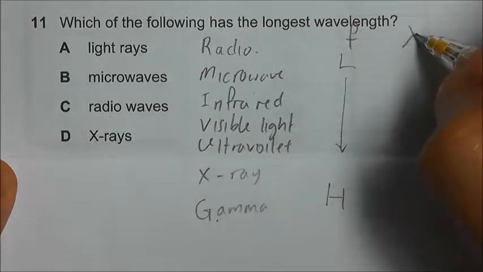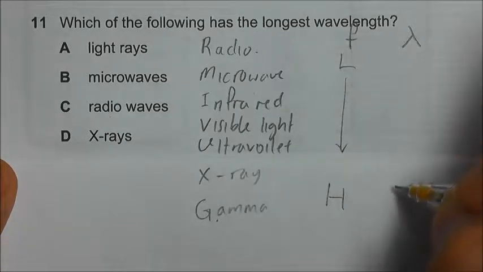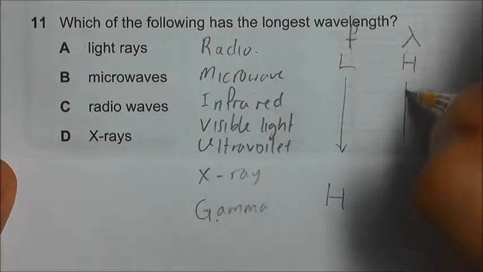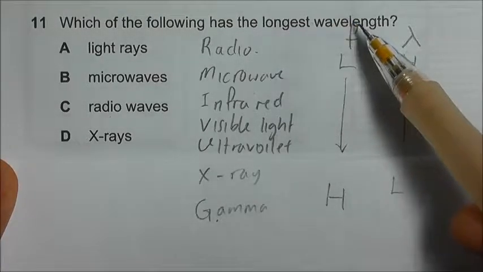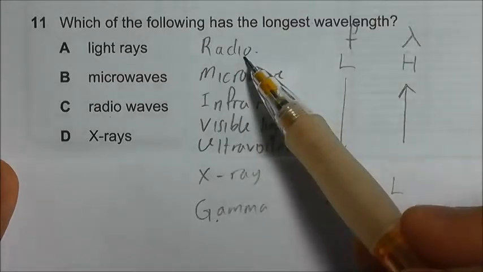Then for wavelength, gamma ray has the highest frequency, so it must have the lowest wavelength. Radio wave will have the highest wavelength, so it goes in the opposite direction. And now we want the longest wavelength, so that will be radio waves.